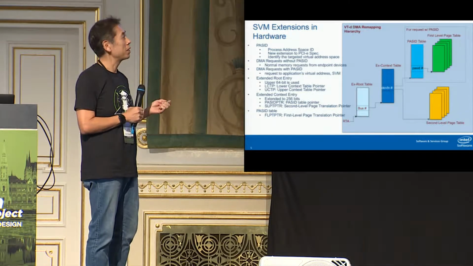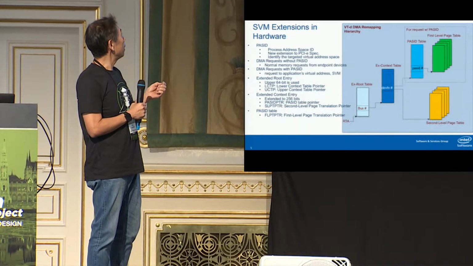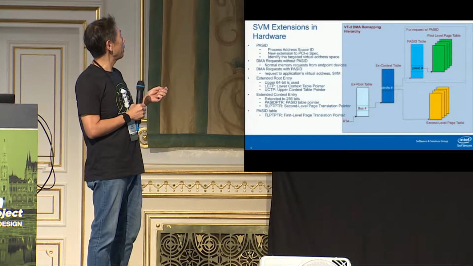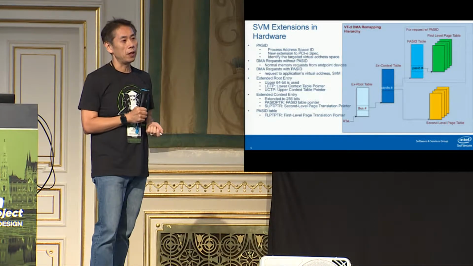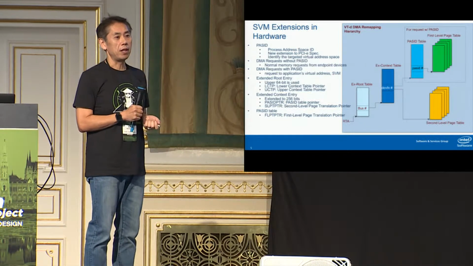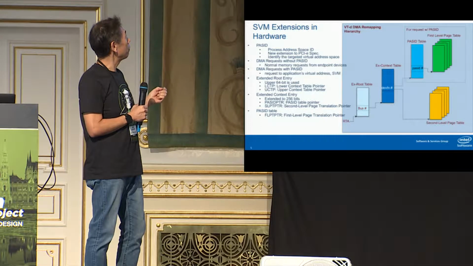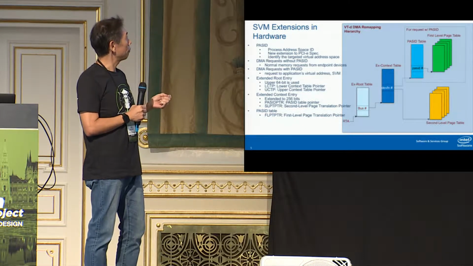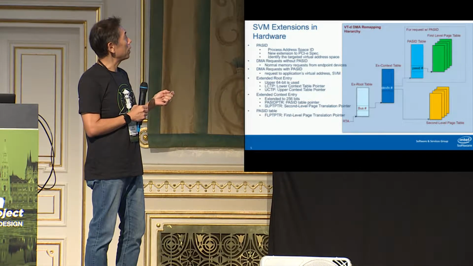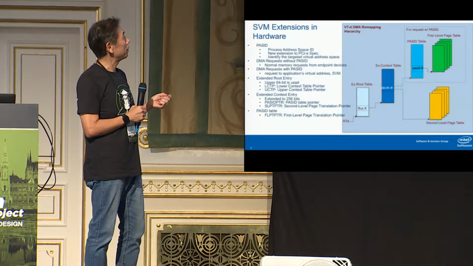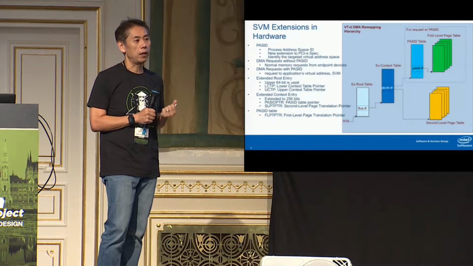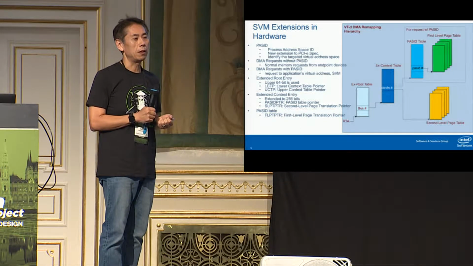When the DMA comes with a PASID, a process address space ID, it points to this PASID table. Then the PASID is used to index the first level page table, again, the x86 page table, okay?